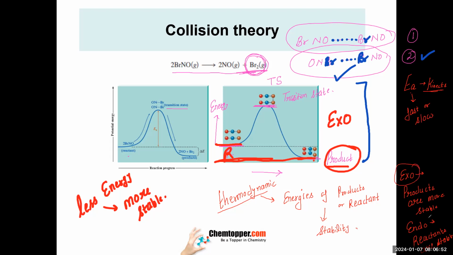Whereas exo, endo will tell you who is more stable, the thermodynamics. Are you getting the picture now? If you have any question, you ask. Otherwise, I'm going to put some questions here about which one is fast, which one is slow, which one is stable, which one is not stable. Ready?